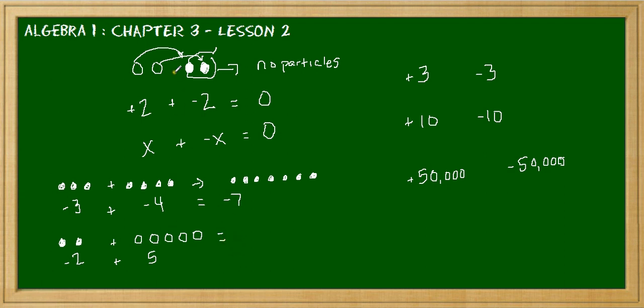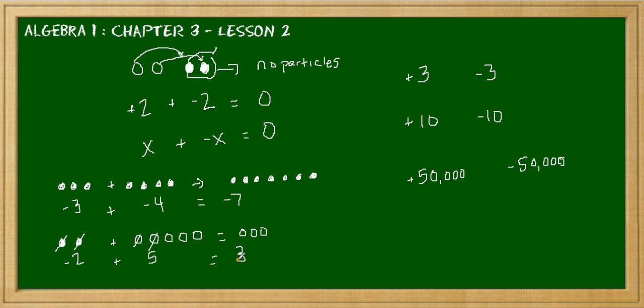According to what we did up here where these annihilated each other, this negative would annihilate this positive, and this negative would annihilate this positive, and that leaves us with 3 circles: 1, 2, 3. So the answer to negative 2 plus 5 is positive 3.